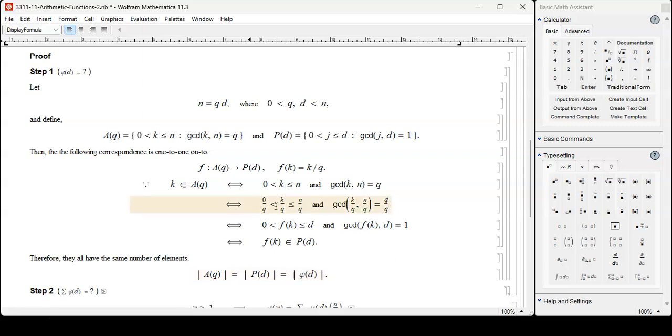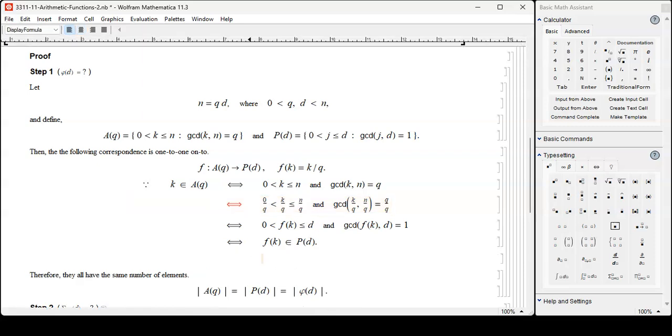Now, if you're a little bit unsure about this one-to-one onto correspondence, this necessity and sufficiency from here to there, let's consider this kind of thing. What do you mean by GCD of K and N is Q? K times some X plus N times some Y is Q, right?